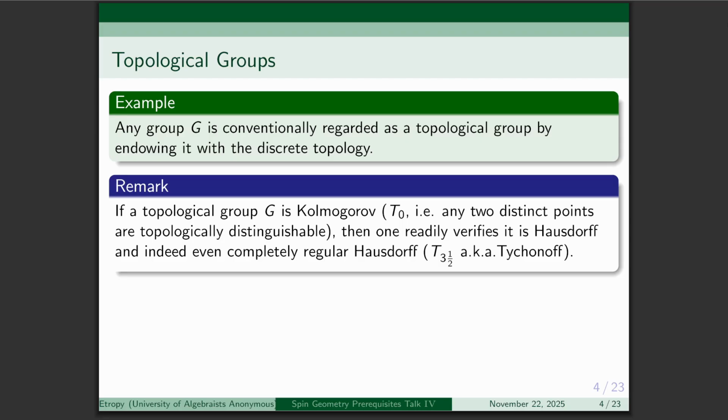It's also Hausdorff precisely when it is Kolmogorov. Kolmogorov means that any two points are topologically distinguishable, which means that there exists an open set containing one but not the other. So the mapping of a point to the set of all of its neighborhoods is injective. We can figure out the points by knowing which open sets they lie in.